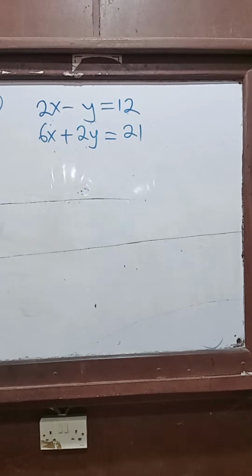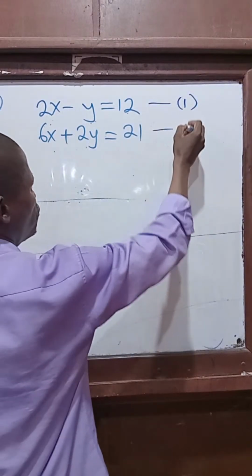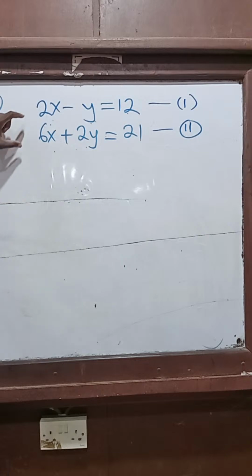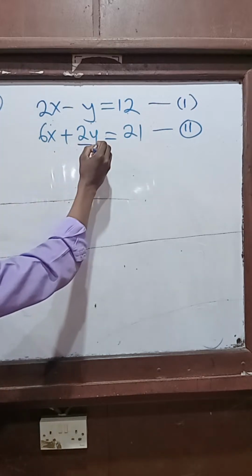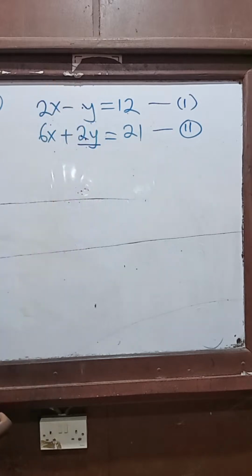So what we are going to do in this question is call this one equation 1 and this one equation 2. If you want to get the x variable first, then you need to find a way of making the coefficient of y the same.